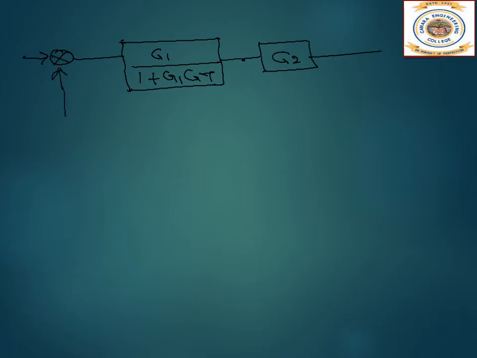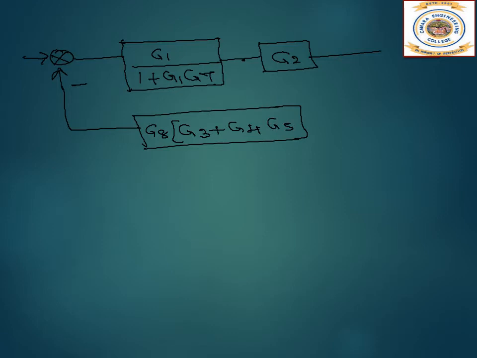And now what will remain? This another feedback path we had here, that was G8, G3 plus G4, G5. So this takeoff point over here is C and this is R.